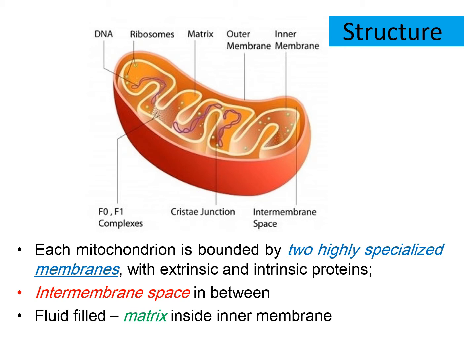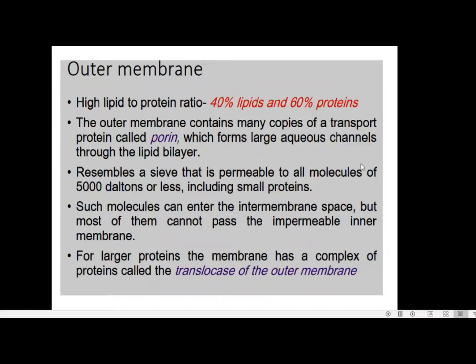So, these are the main components of mitochondria: the outer membrane, the inner membrane, the space between the outer and the inner membranes, and the matrix inside the mitochondrion, and it also contains ribosomes and other proteins, enzymes, etc., which we will come to.